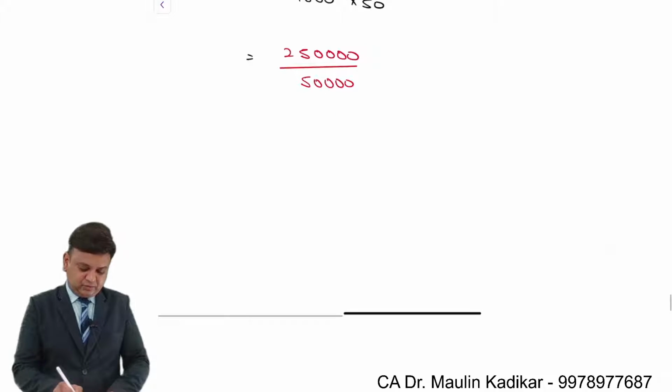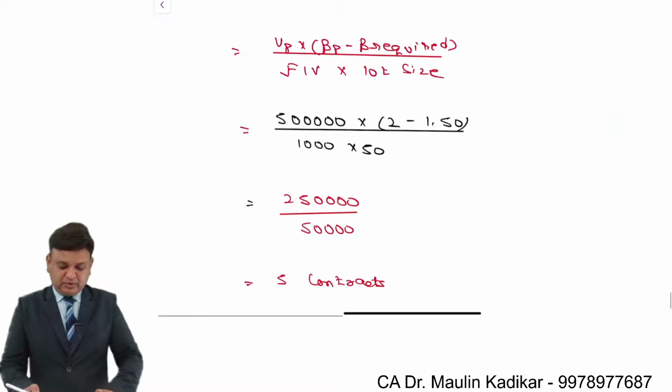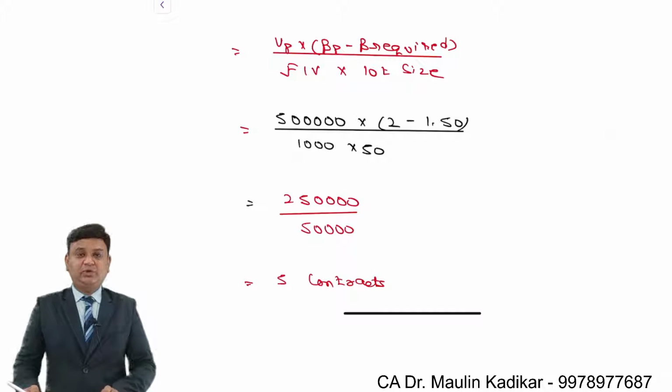That comes to 5 contracts. So this is the way we can compute the number of contracts to be sold.